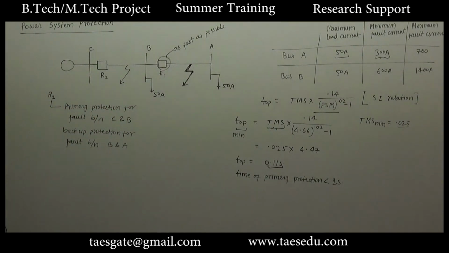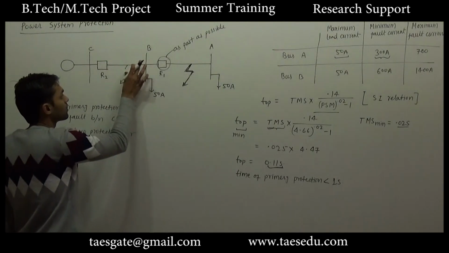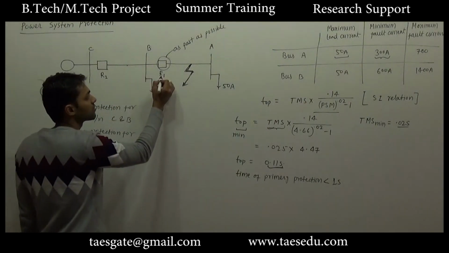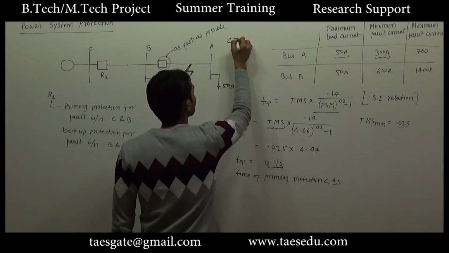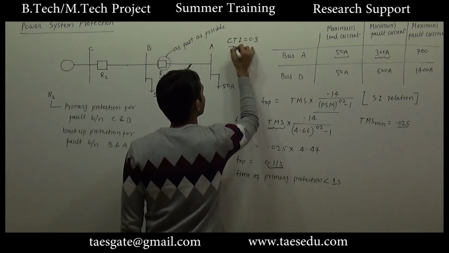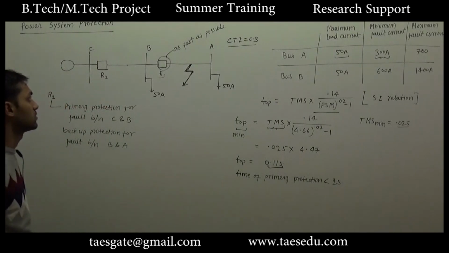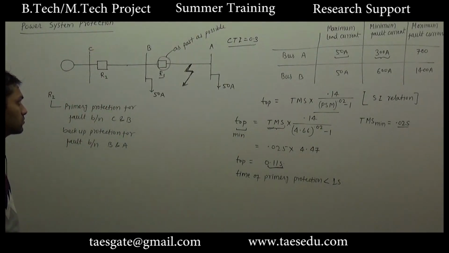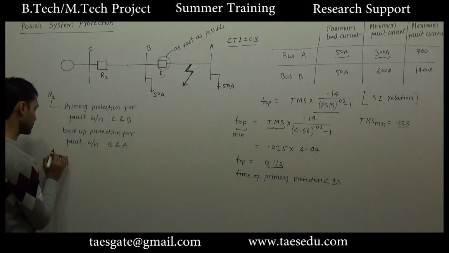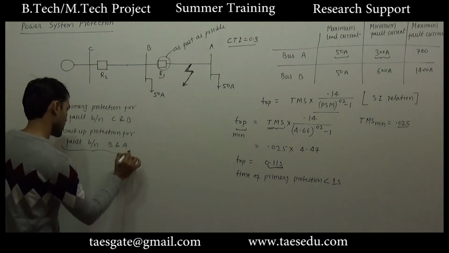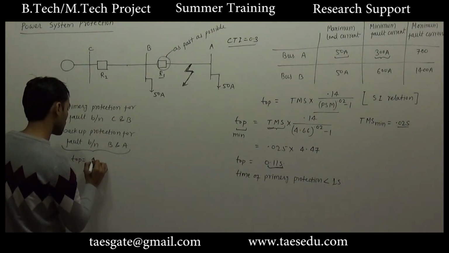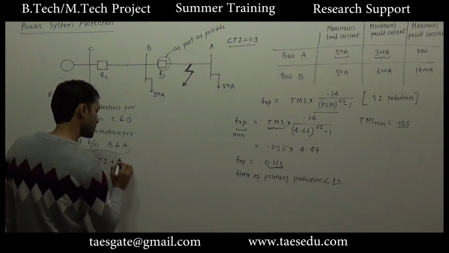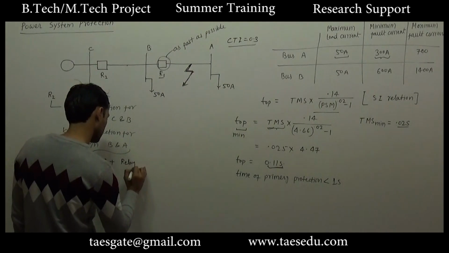And we want R2 to operate only when R1 fails to operate, and for this we will have to wait for the coordination time interval, that is 0.3 second. So the total time of operation for backup protection should be the coordination time interval plus the relay operation time.